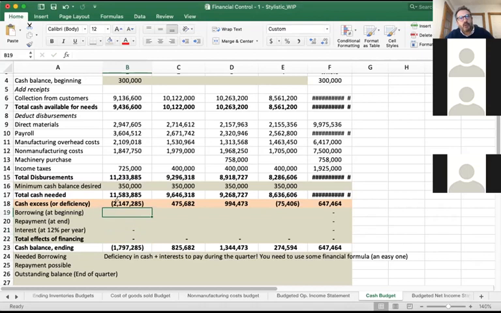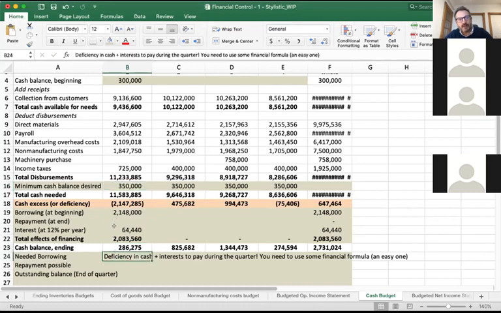So if we just borrow what we need, 147, but as you know, you have to round it to a 1,000 number. So that would be this amount, because you round it. You can see that we don't have enough cash, right? We need 350 and we have 286. So it means that we need to borrow more here so we can pay back the interest as well at the end of the quarter. This is why I said that we need to have a little formula here.